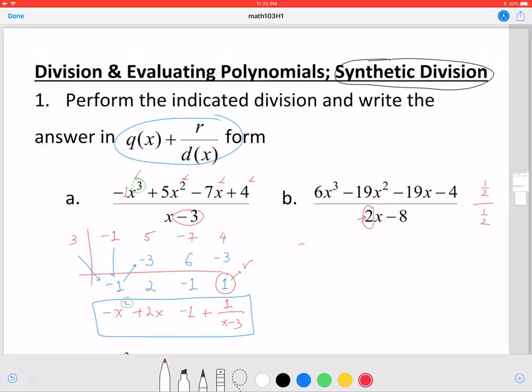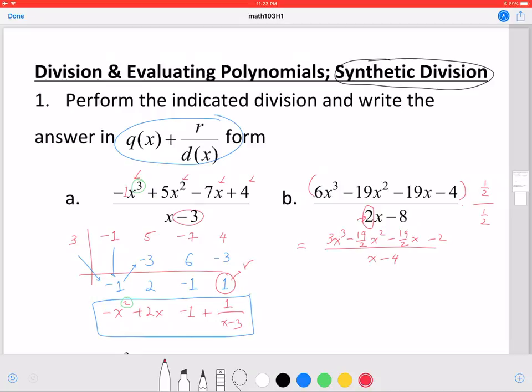The problem turns into 3x cubed, since we are multiplying half to each coefficient, minus 19 over 2 x squared minus 19 over 2 x minus 2, all over x minus 4.